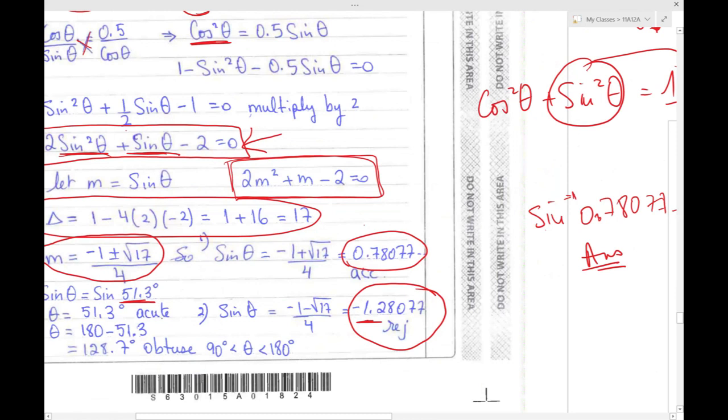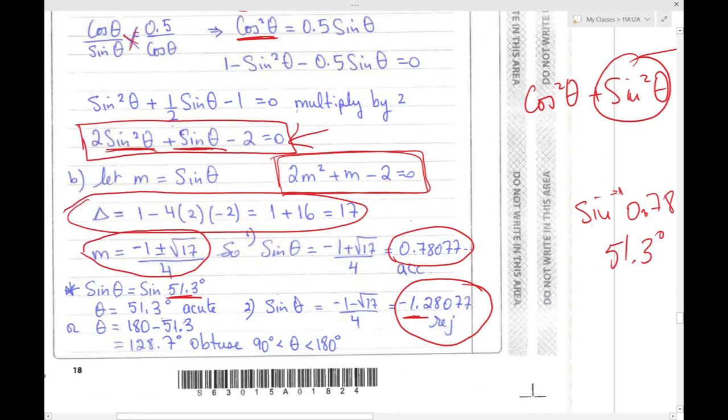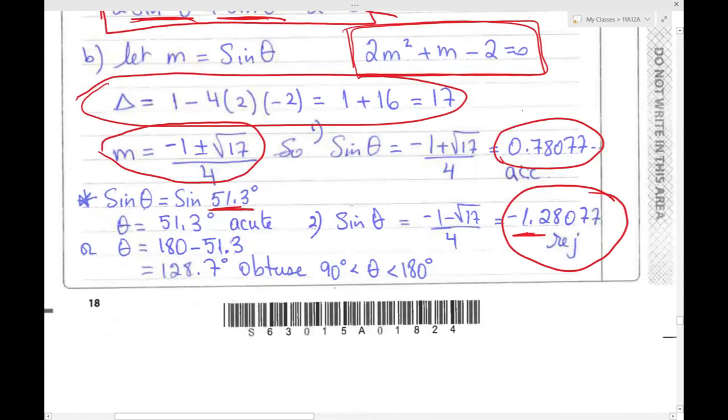This is the first case. And this is an acute angle which belongs to the interval they gave us, or theta is 180 minus 51.3.